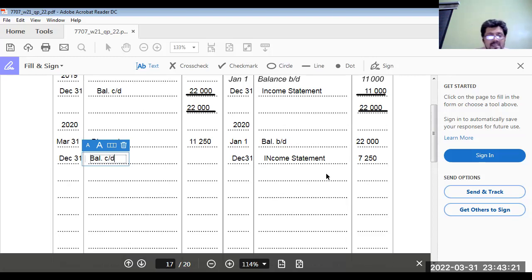Balance c/d is 18,000. So what you have to do here, you have to take right here 18,000. Done.